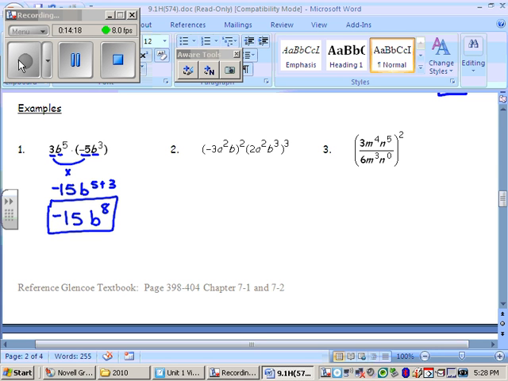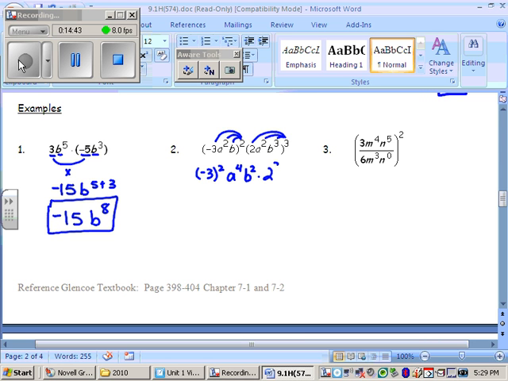In problem 2, this time we have an exponent outside each set of parentheses. So we will first need to distribute the exponents to each base inside the parentheses. So this would leave us with -3 to the 2nd power, a to the 4th power, b squared for our first set of parentheses.